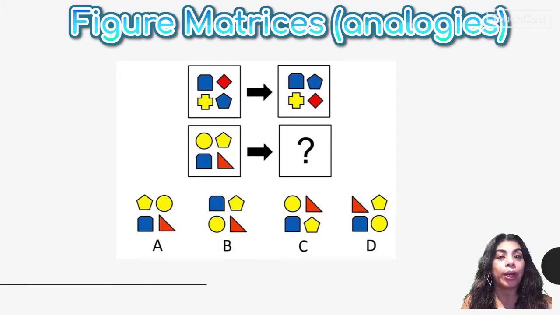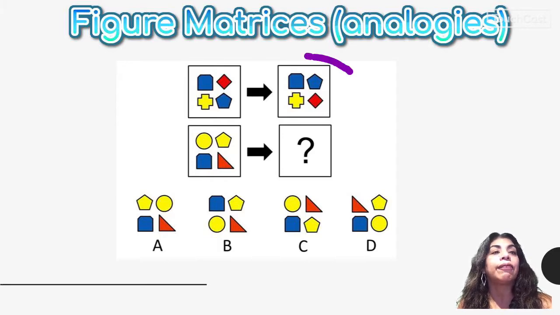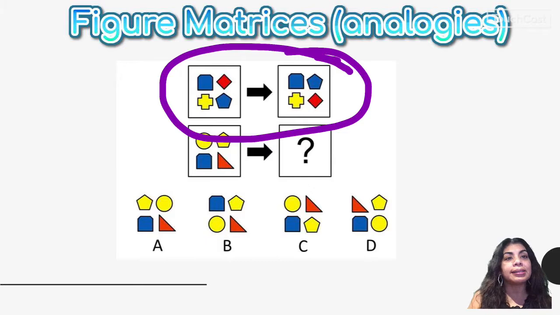So I'm going to get my whiteboard here and select a pen color. I think I feel like purple, because purple is my favorite color. So we'll do purple. Okay, so what I'm doing right now is I'm looking at these first 2 boxes, and I'm trying to figure out how are they related to each other.